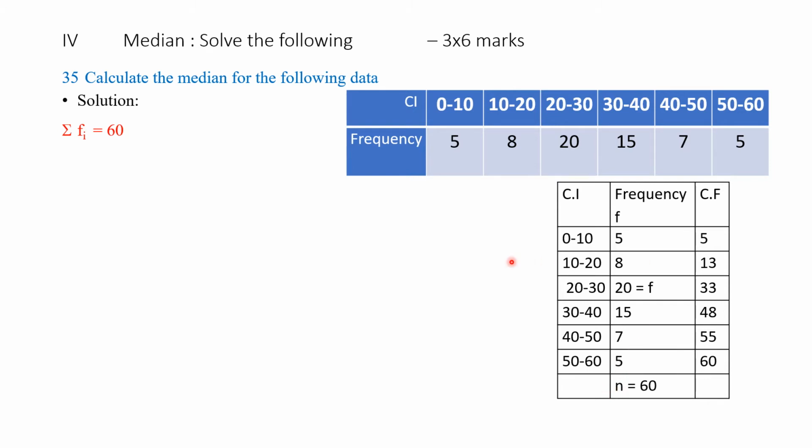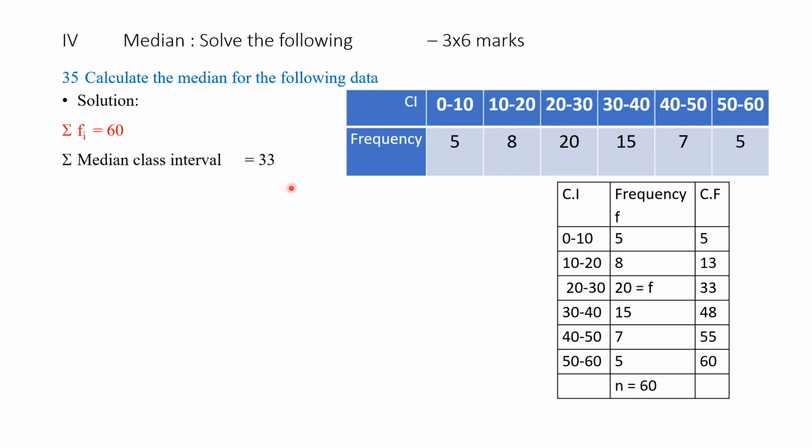Therefore sigma fi is 60, and n by 2 is 60 by 2, that is equal to 30.